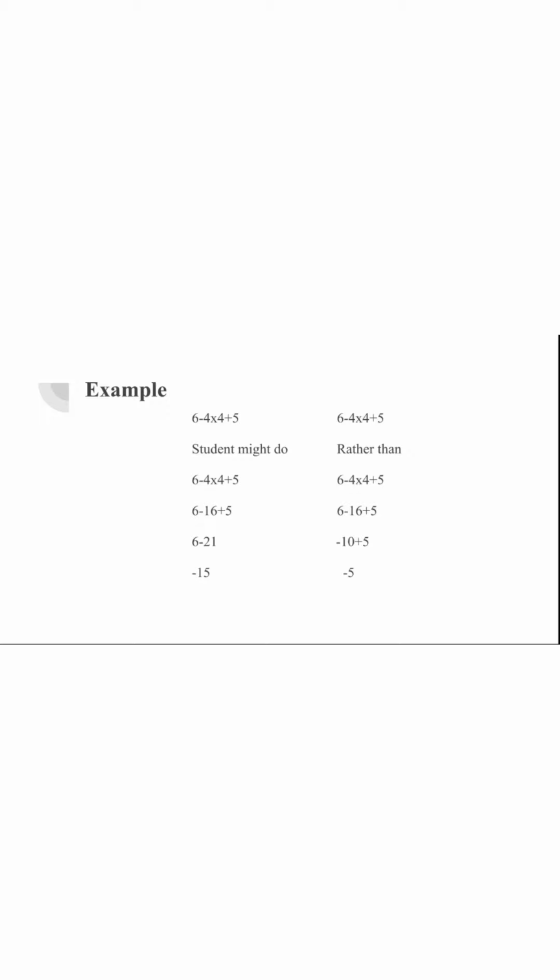And then if they move on and see that there's an A for addition, they might not think addition or subtraction, and so they'll just go ahead and add, and they'll get 21, and then they'll do 6 minus 21 equals negative 15, rather than looking and seeing that once they get past the multiplication, it's either going to be addition or subtraction, and in that problem, subtraction comes before the addition, so you need to subtract before you add.